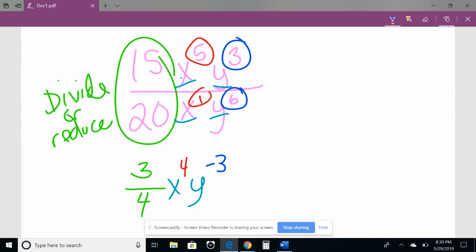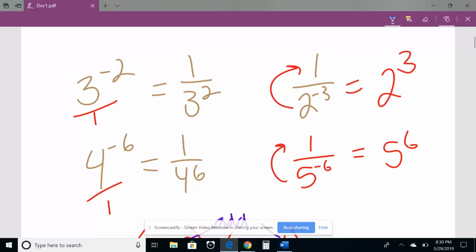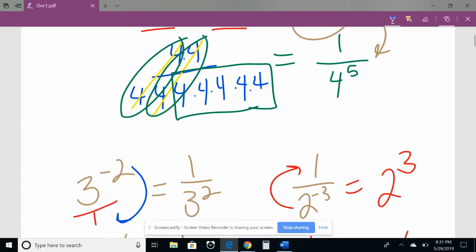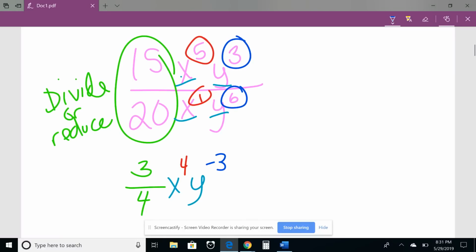So now we have a term with a positive exponent and a term with a negative exponent. Remember, in our fraction rules from up here, if it's a negative exponent, it goes to the bottom of the fraction. So this whole thing is going to go to the bottom of the fraction.